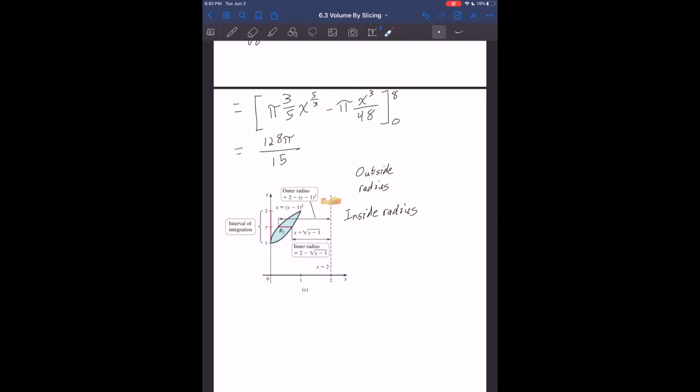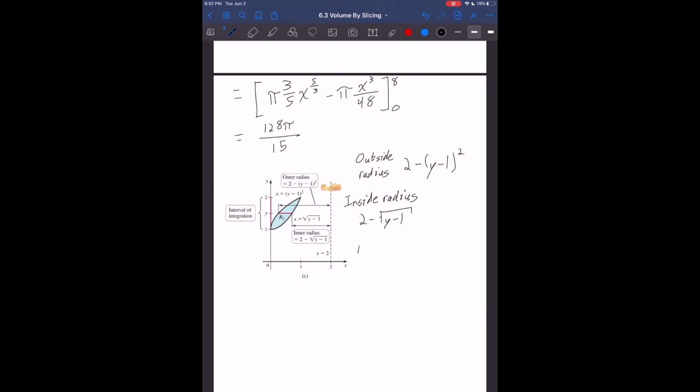One really nice thing to note about this problem is that we are already given the functions in terms of y instead of in terms of x. So you don't have to go through that additional step of solving for the functions that way. So my outer radius is going to be 2 minus (y minus 1) squared, and my inner radius will be 2 minus the square root of y minus 1. That's just going to be the distance between the center line.